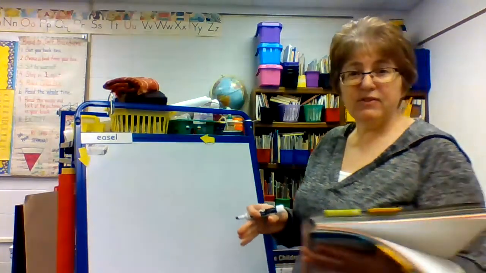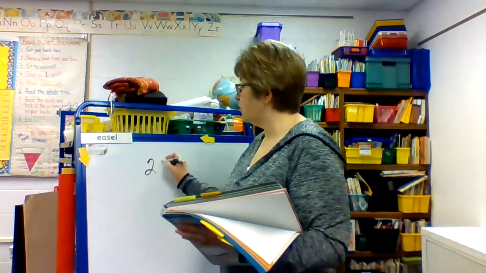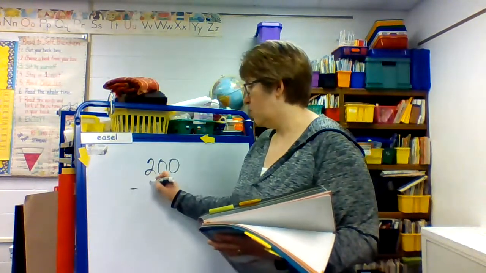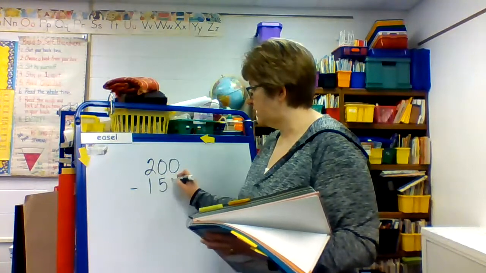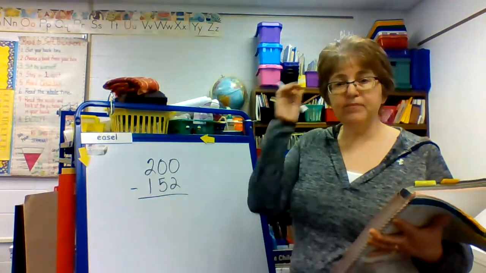Okay? So, let's think about how many erasers did the teacher start with? He started with 200. So I'm going to put 200 on top. Okay? And he gave away 152 of them. Okay?